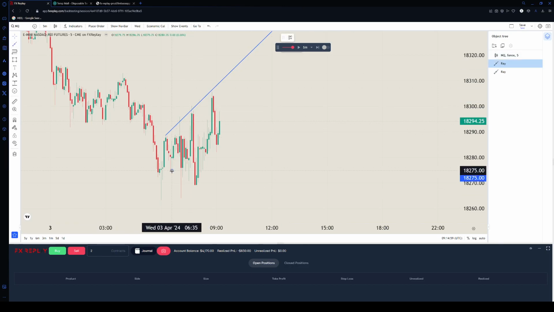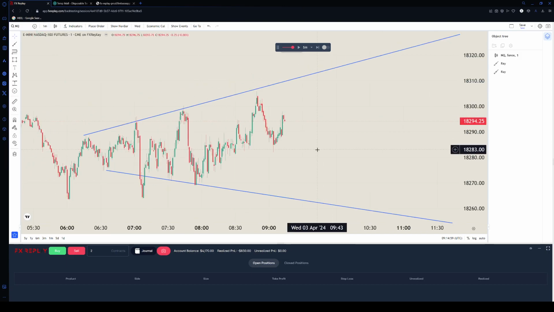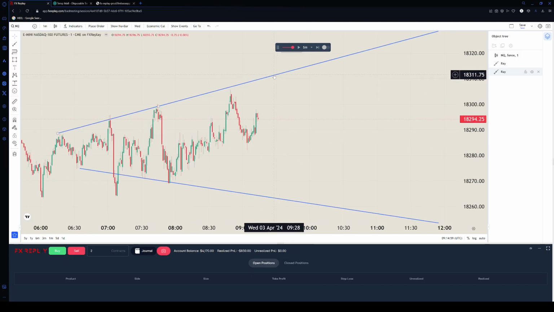For this one, I feel like it kind of be like this. So in thesis, since we're in this consolidation range of the 5 minute, we're going to be treating like the 1 minute one. So if it comes right here, we short, or we look for shorts for sell side, and if it comes down here, we look for longs for buy side.